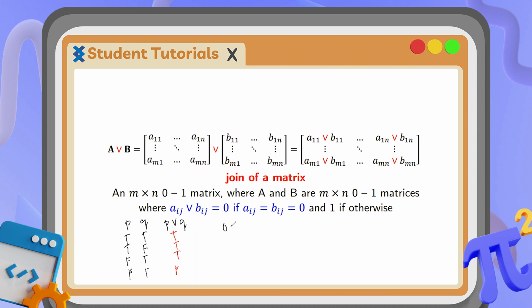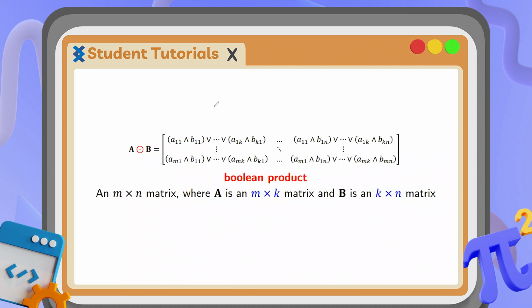Similarly, if you have 1 or 1, 0 or 1, 1 or 0, you'd get 1 for all values, and if it's 0 or 0, then you'll get 0. And like matrix addition and the meet of a matrix, you do this element-wise in terms of applying the operations.